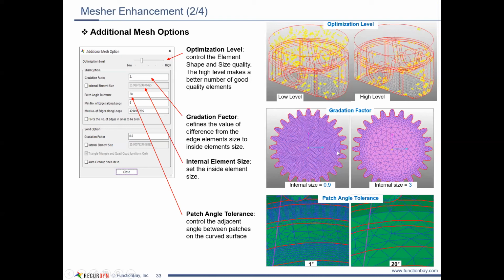If you do see a difference in the results, then maybe what you want to do is head back towards the starting point, but you just need to experiment a little bit till you get the right combination where you're going to get a faster simulation with fewer elements, but still get the accuracy. The next one here is patch angle tolerance.